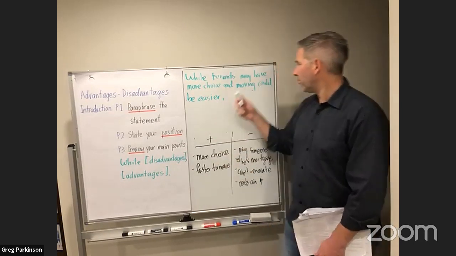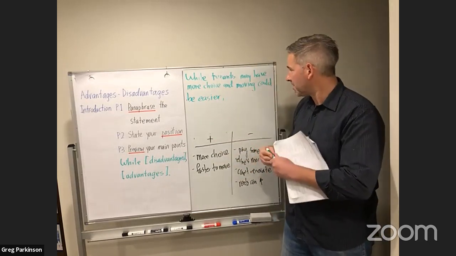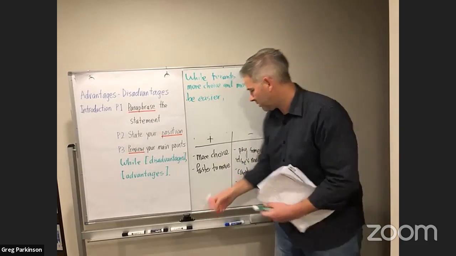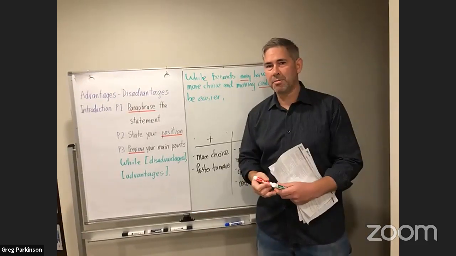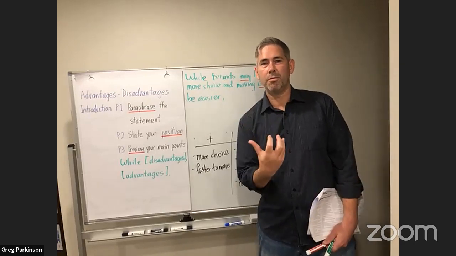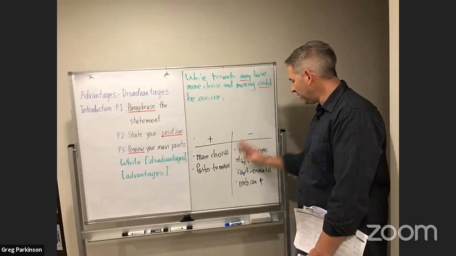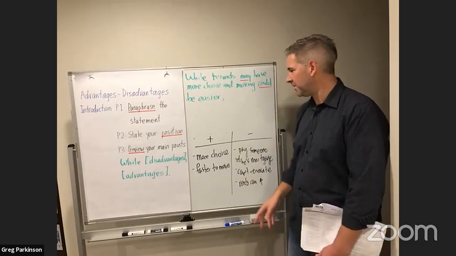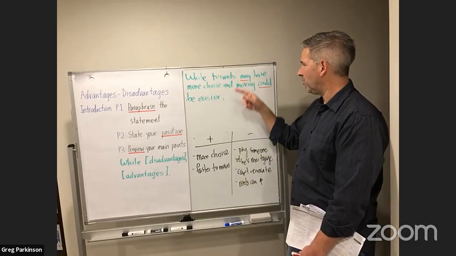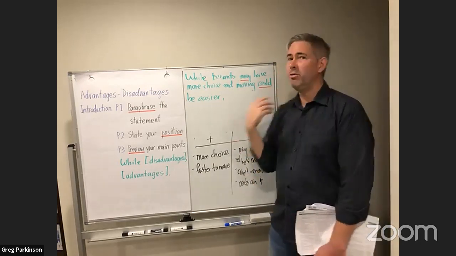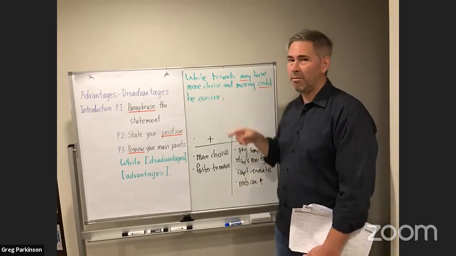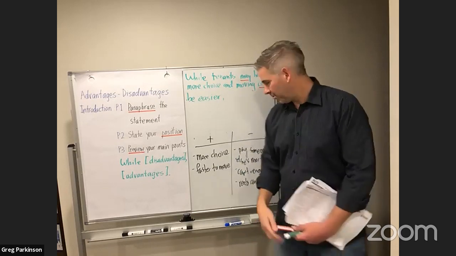Right, so the reason I'm using these words like may and could is because they help support my position. So remember, my position is that there are more disadvantages to renting. So if I say, well, there might be more choice, or there may be more choice, or it could be easier to move, it supports my position.